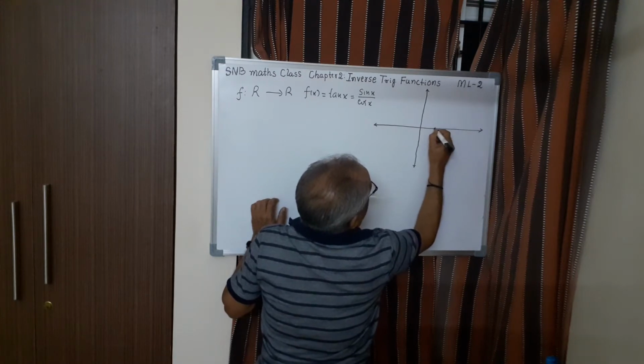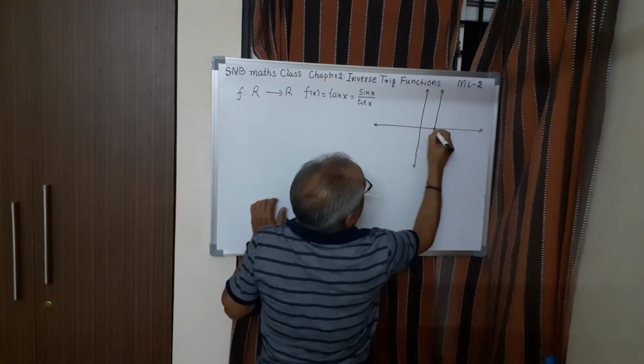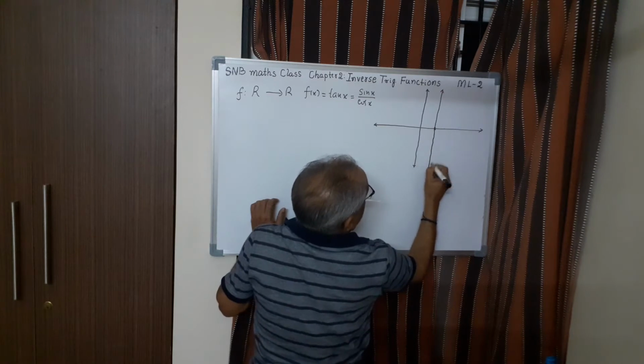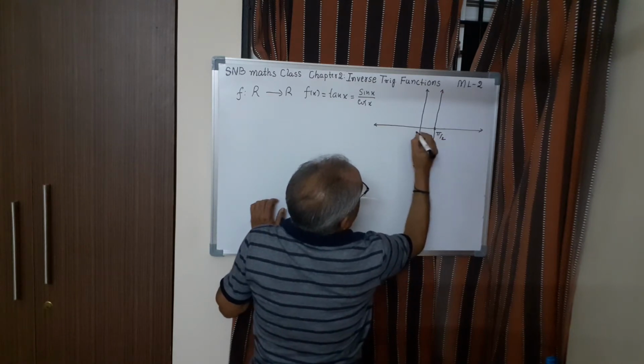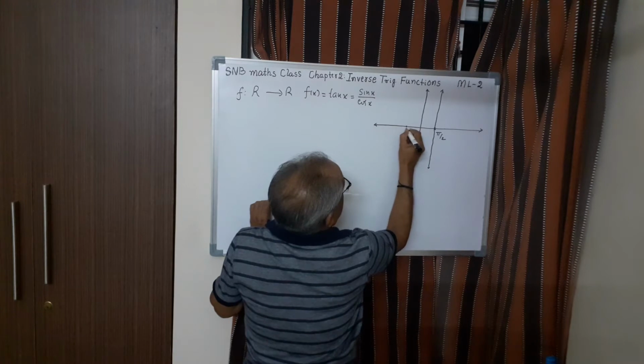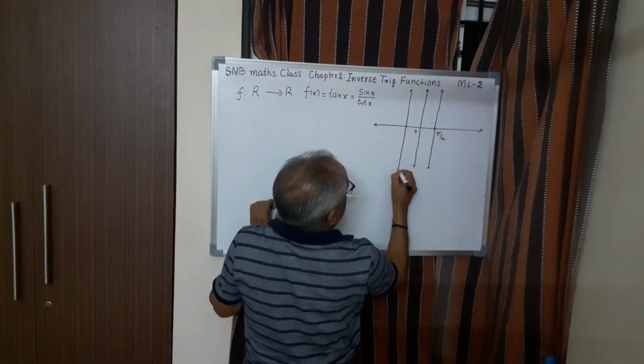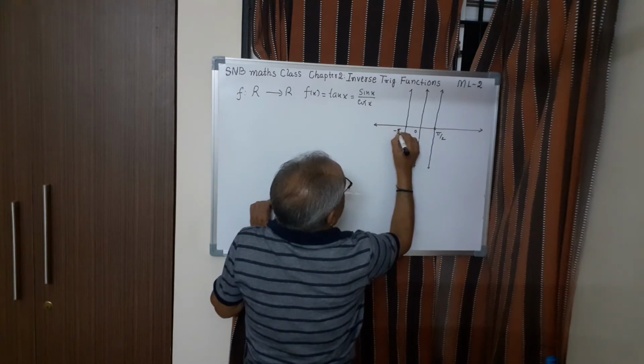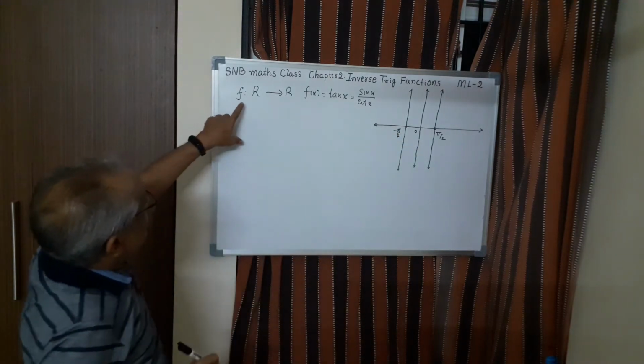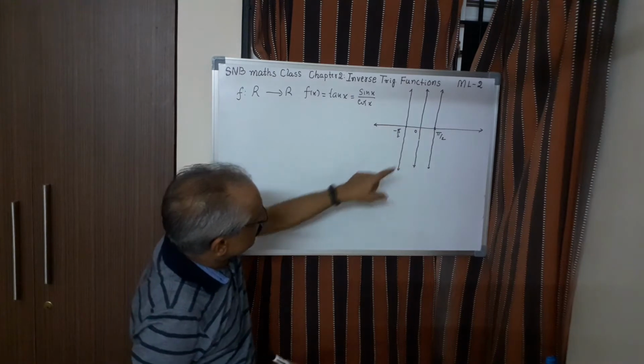First, pi by 2 it is not defined, therefore first let me take pi by 2 only. This is pi by 2. This is 0. This is minus pi by 2. And we know that tan is not defined at pi by 2 and minus pi by 2.